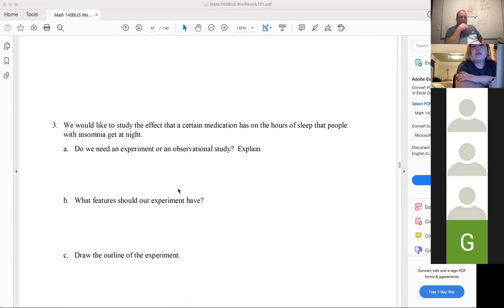3. We would like to study the effect that a certain medication has on the hours of sleep that people with insomnia get every night. Do we need an experiment or an observational study? Observation. If it's observational, then how do you control the medication?